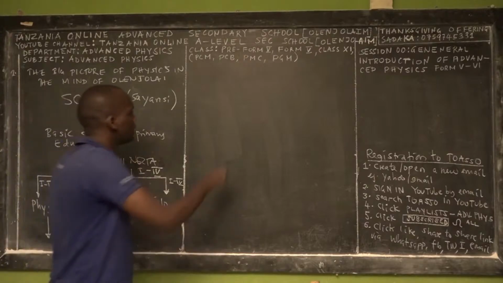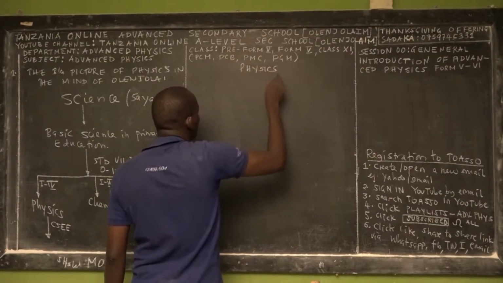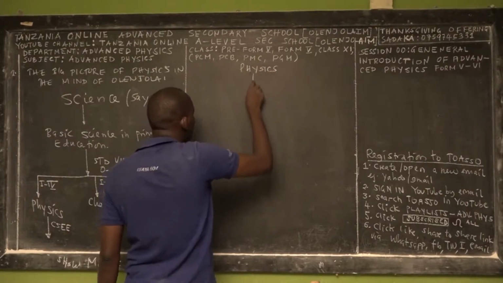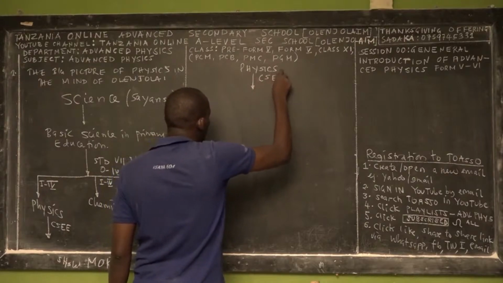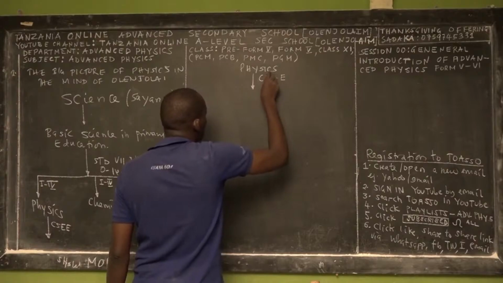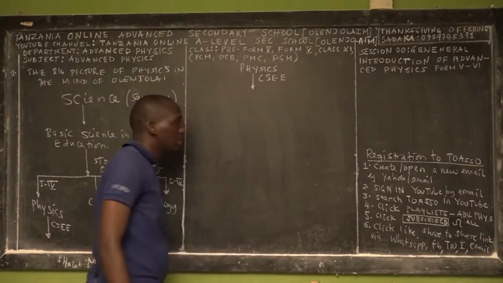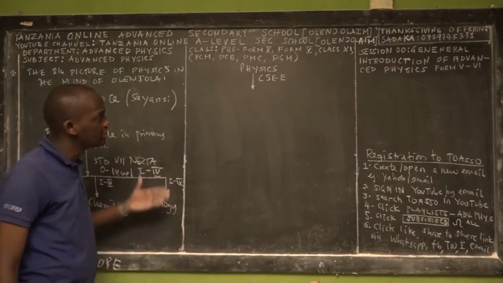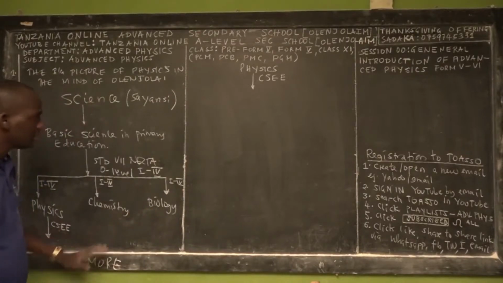Then we say that here we have physics, and we pass our Certificate Secondary Education Examination. This is the big picture of physics. Something new, possibly you have never heard it, but you should have this sequence and you have to know where we are. So now we have passed this level.